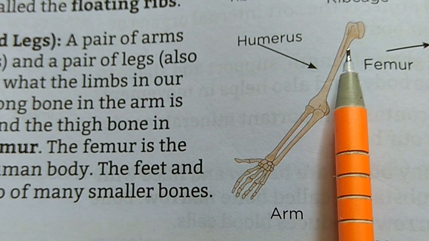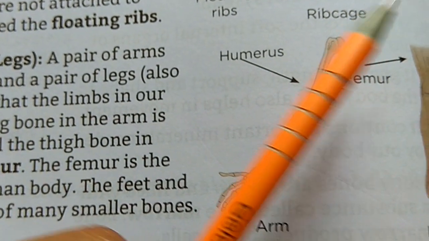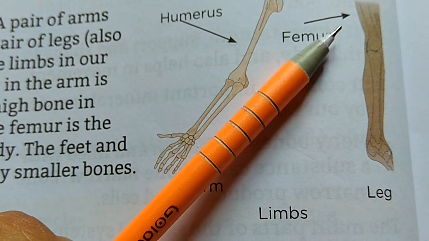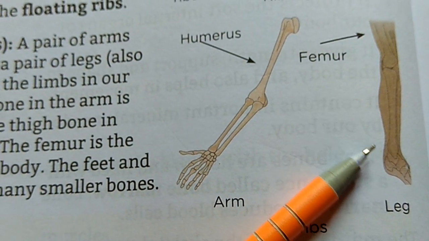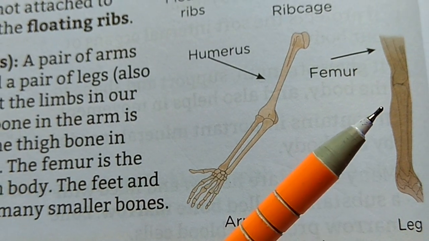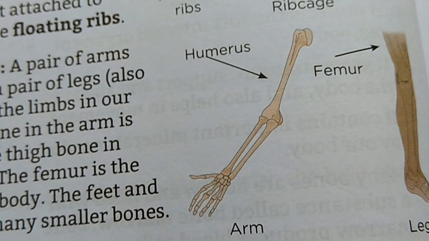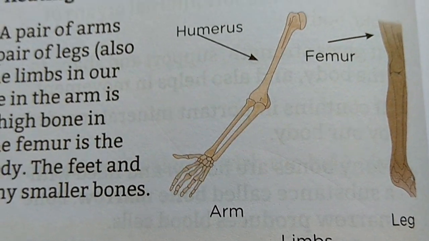The long bone in the arm is known as the humerus, and the thigh bone in the leg is known as the femur. The femur is the longest bone in the human body. The feet and the hands are made up of many smaller bones.